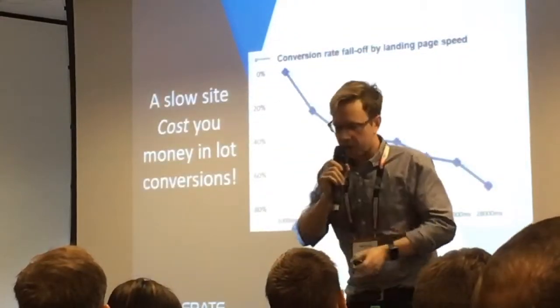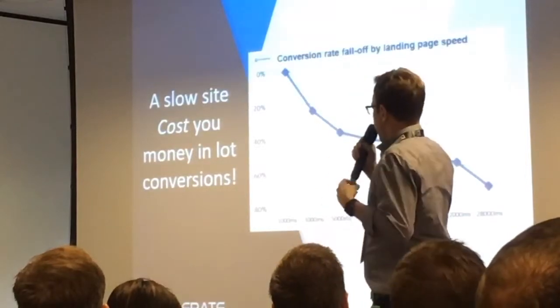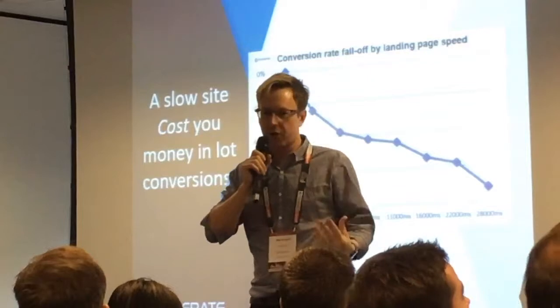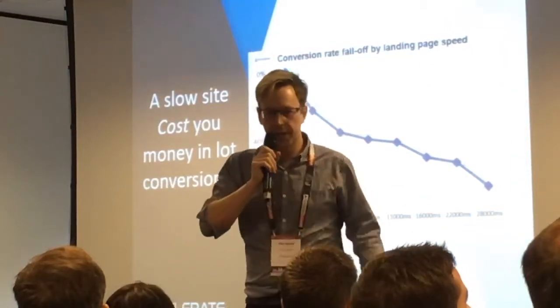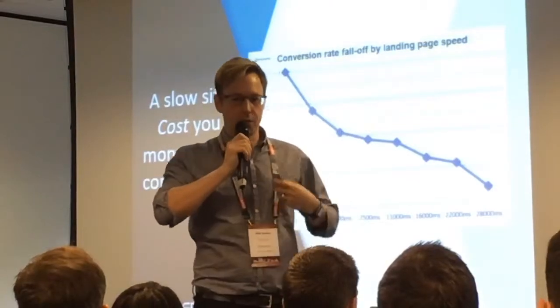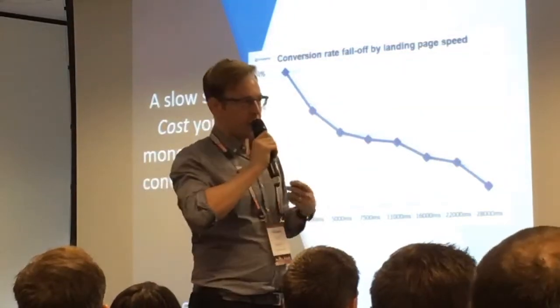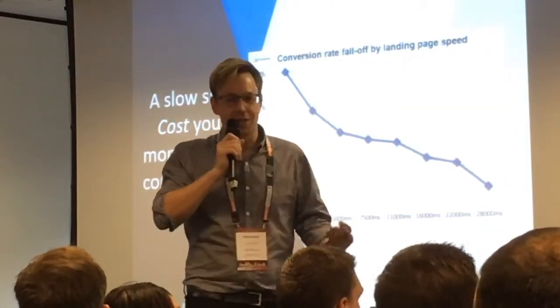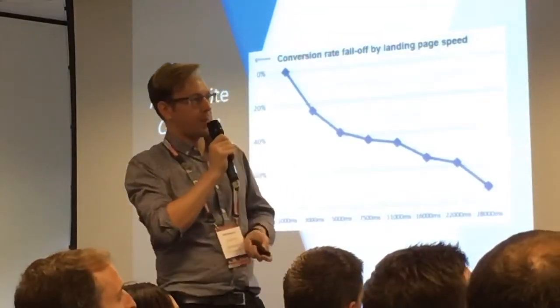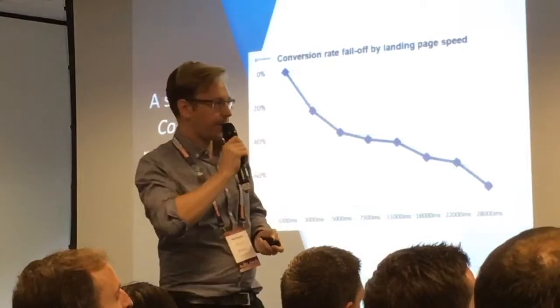Another obvious one: the number of conversions and the amount of revenue you're going to make is correlated with the speed that the site loads, i.e. the faster it loads, the more money you're going to make and the more conversions you're going to get, because customers are impatient. On here you can see speed versus conversions. Unsurprisingly, faster is better.